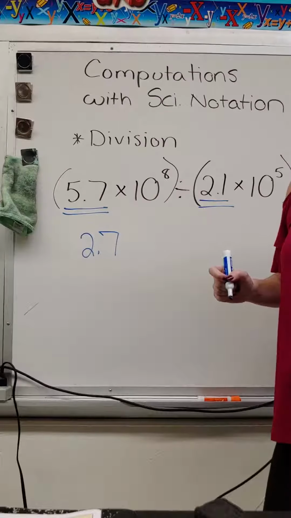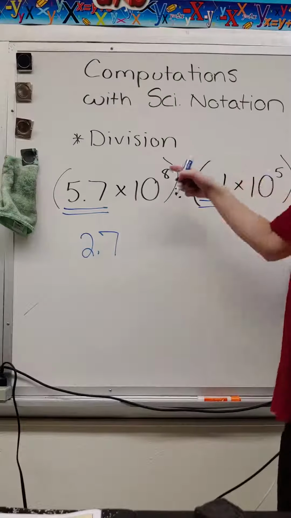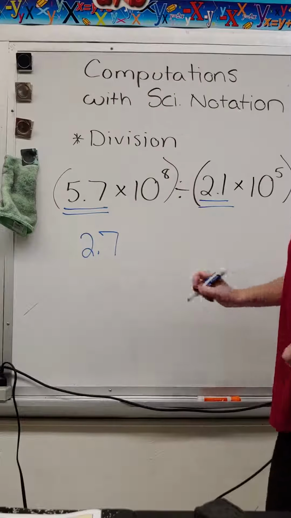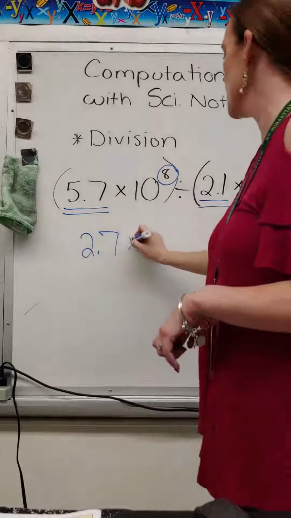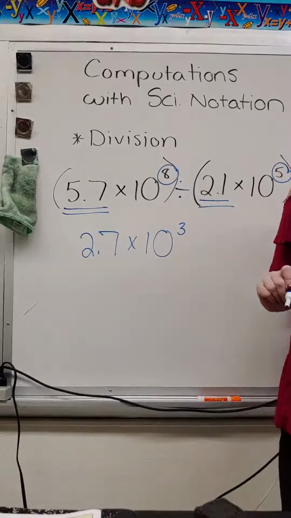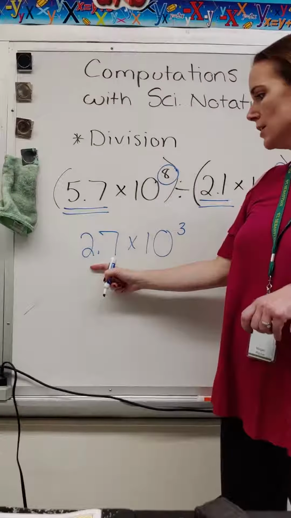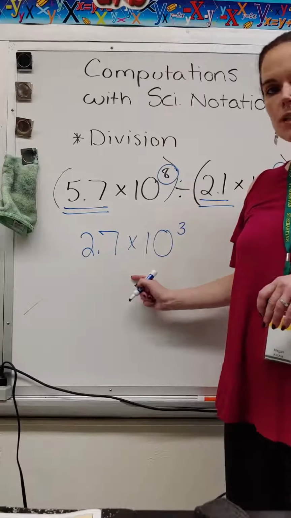But our division rule for when we have exponents with the same base says you subtract the exponents. So 8 minus 5, so we're going to have times 10 to the 3rd. Again, this is our final answer, and conveniently, it's already in scientific notation.